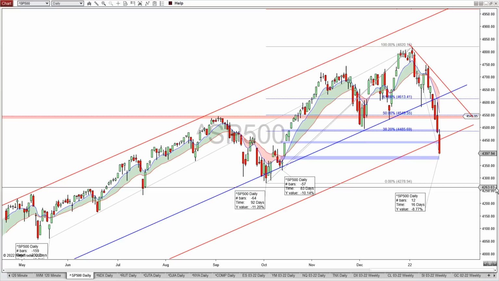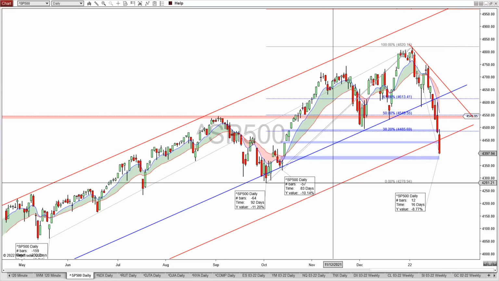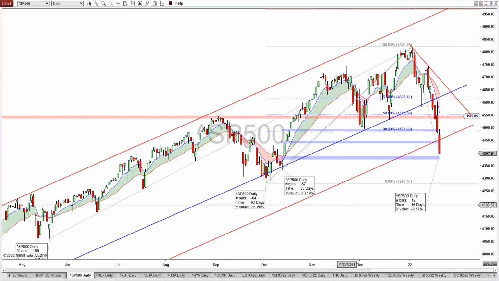We could be coming close, getting near the end of this pullback. Now, if it dipped below this 10% level here, dip below 4,300 level on the S&P 500, that critical level, then we have to bear in mind the possibility that it could move itself down further.